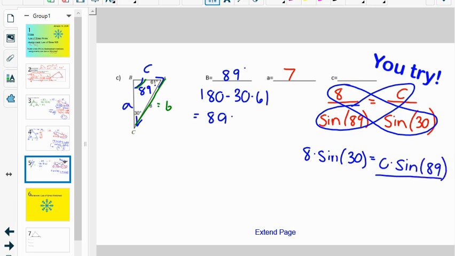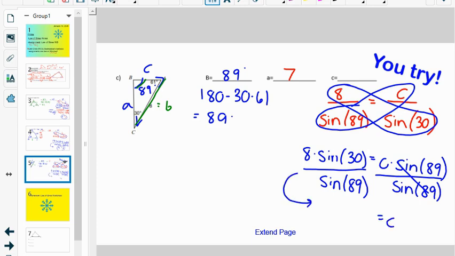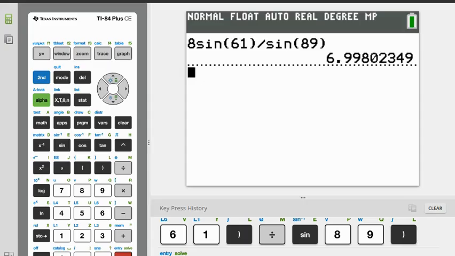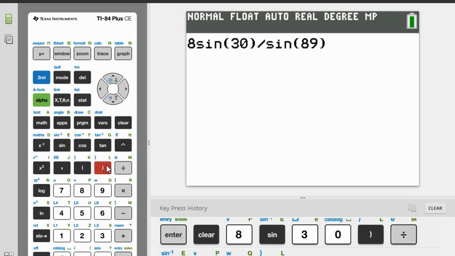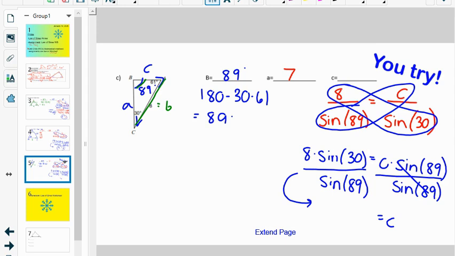To get C by itself, divide by sine of 89. And now we can type this in our calculator to get side C. 8 sine of 30, close parentheses, divided by sine of 89. And that rounds to 4. So side C is 4.